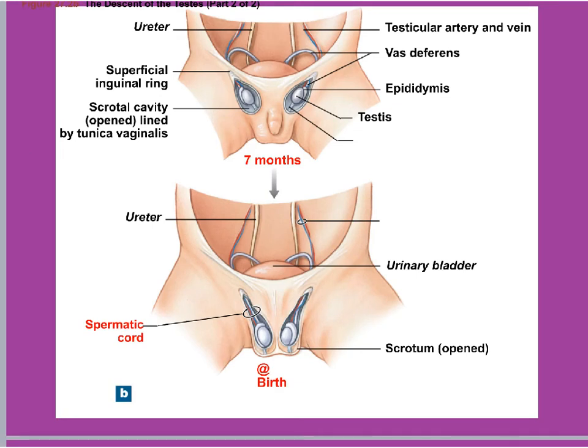So we can look just a little bit closer here. Now we're at 7 months of embryological development, and this is what will in the adult be called the inguinal canal, and you can see the testes being pulled through there on either side. Then right about the time of birth, the testes will almost fully be outside the body, suspended by the scrotum.